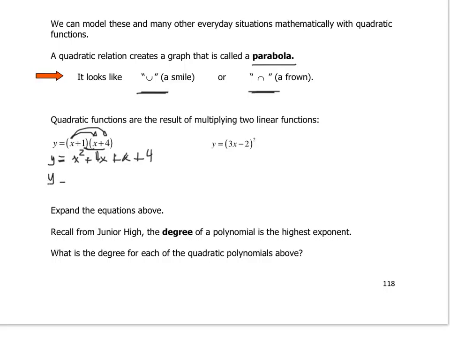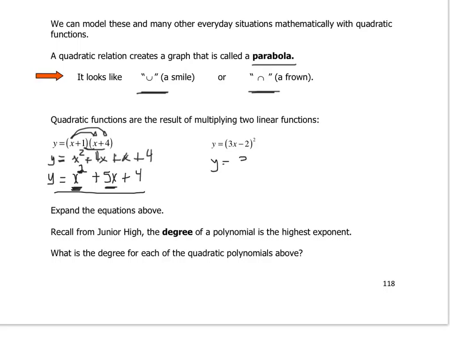So y would equal x squared, put your like terms together, so 4x and x would be 5x, plus 4. And that's supposed to be a 2 there, it doesn't look like it. So the equation in expanded form would look like this. Notice that it has an x squared term and a linear term, the 5x.